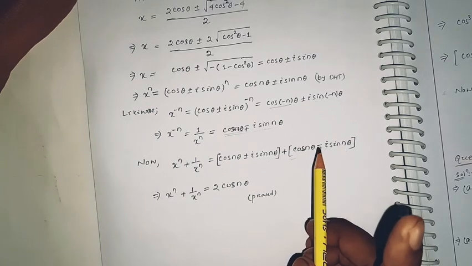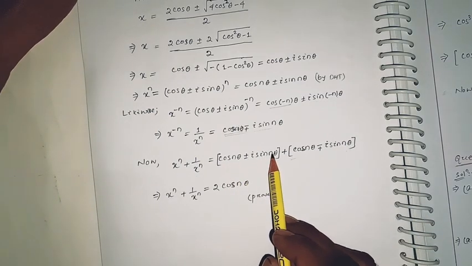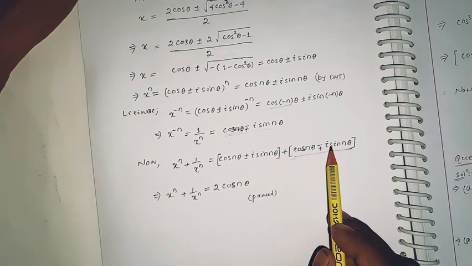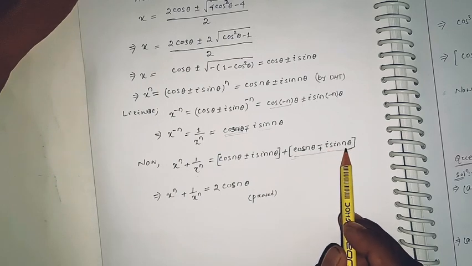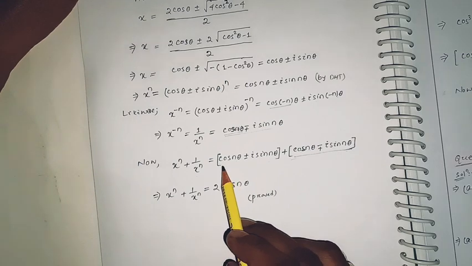If I consider the first root, it is cos n theta plus i sin n theta, and for this one, cos n theta minus i sin n theta. So the i sin n theta terms get cancelled, and we find 2 cos n theta.